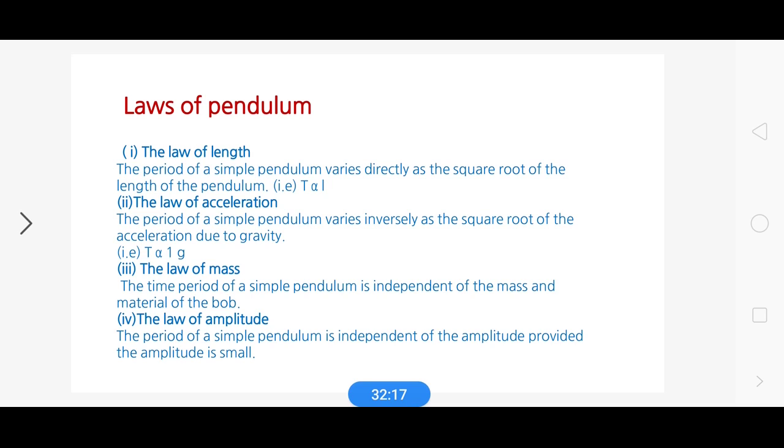The first one is the law of length. The time period of a simple pendulum varies directly as the square root of the length.